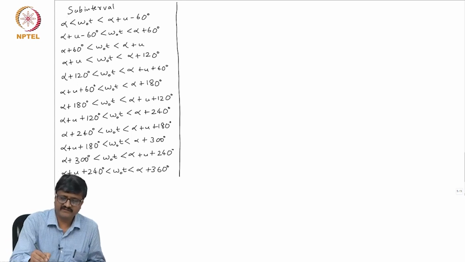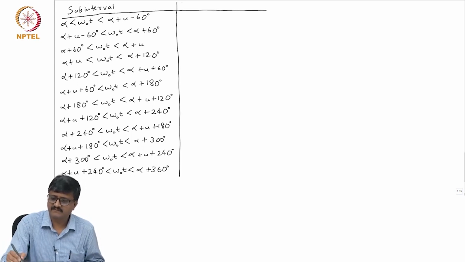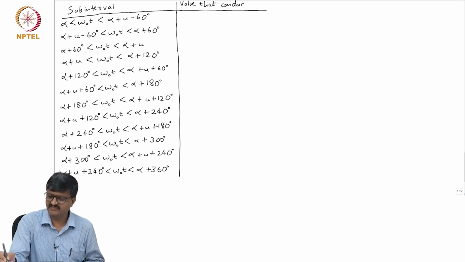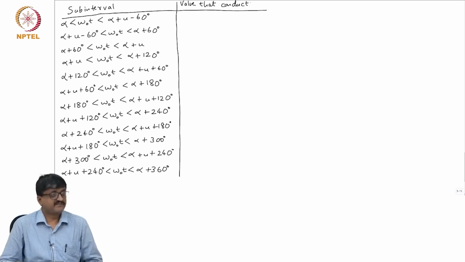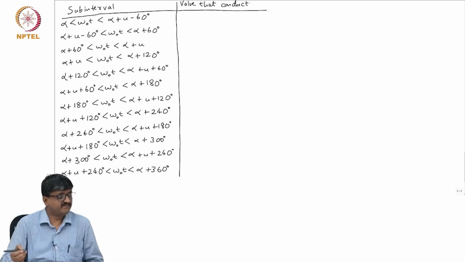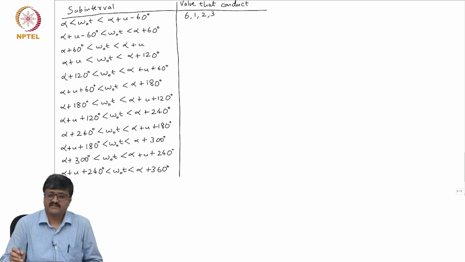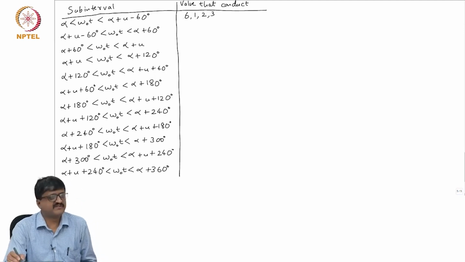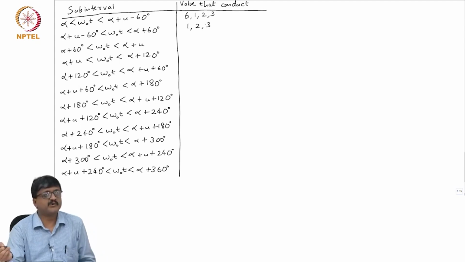So, if I look at the valves that conduct in each subinterval. How many valves conduct in the first subinterval? 4 valves, 6, 1, 2, 3. At the end of first subinterval, 6 stops conducting. So, the valves that conduct in the second subinterval are 1, 2, 3.